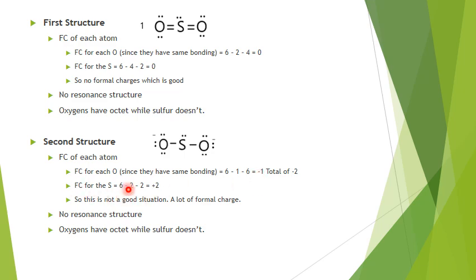And then the sulfur has a plus 2 on it: 6 is the valence, minus 2 bonds and 2 lone pairs, plus 2. Just for checking, the 2 plus and 2 minus equal 0, so the total charge on this molecule is 0. But we have 3 formal charges, which is not a really good thing. There's no resonance structure. And again, the oxygens have an octet, and the sulfur doesn't.